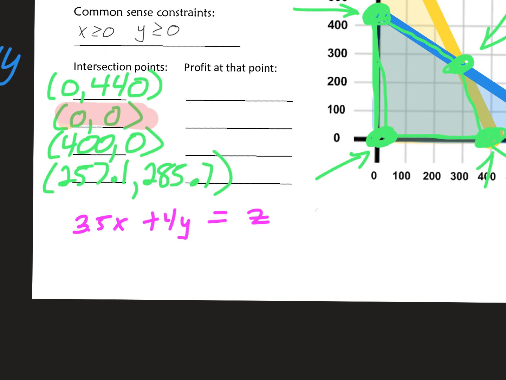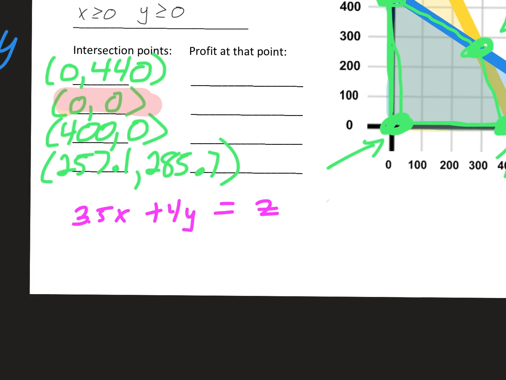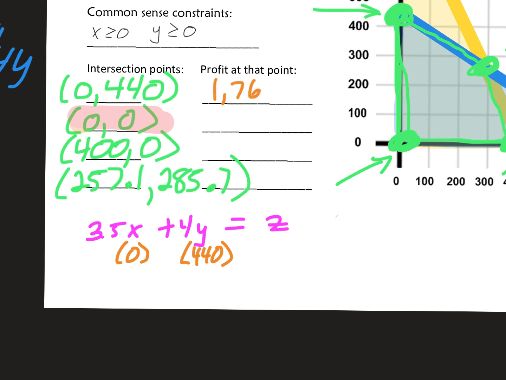And we're going to take each of these points and substitute it into that equation to see how much profit we get with each of those combinations. So if I put in 0 for X and 440 for Y, and I do the math, that is going to get me $1,760 in profit.